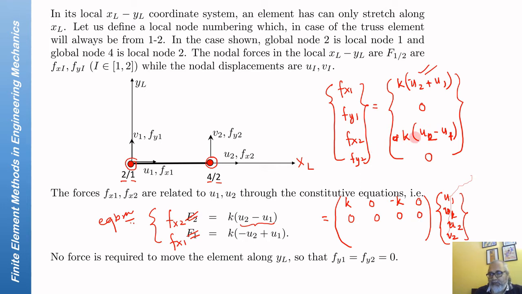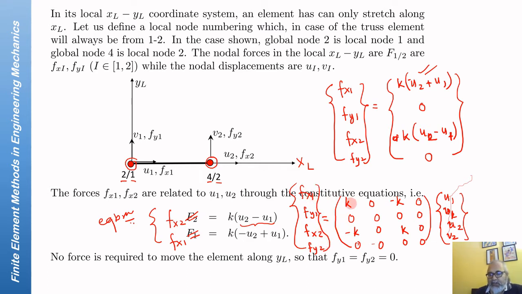Then for this row I should get Fx2, and u1 has a coefficient of minus k, this is 0, plus k, 0. Then this row gives you Fy2, and for that I should always get 0. So no matter what u1, u2, v1, v2 are, you'll get the correct set of forces according to the equilibrium equation.